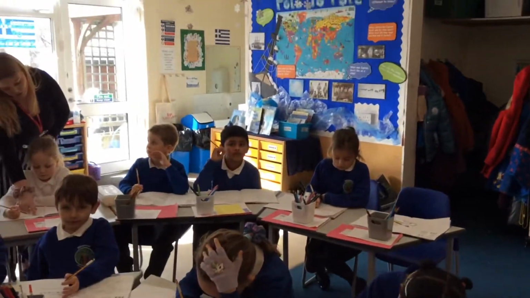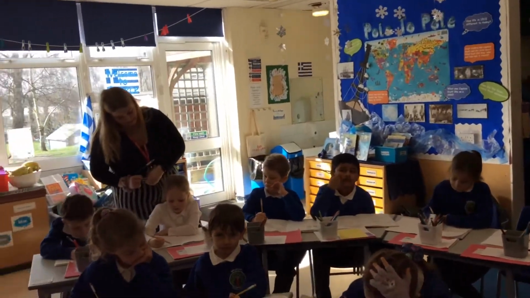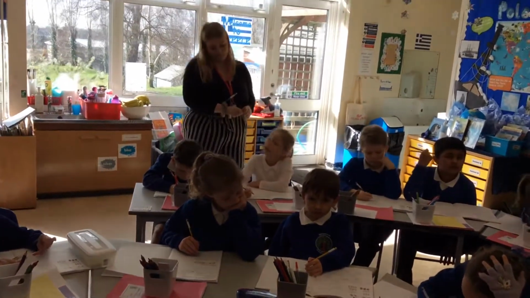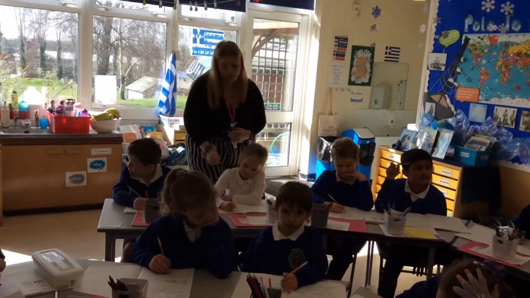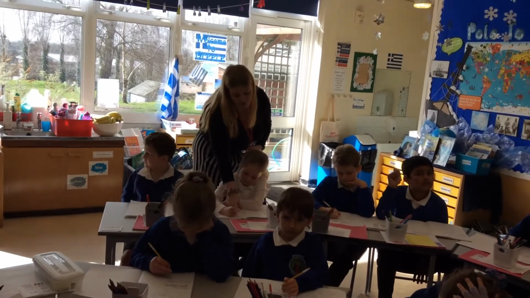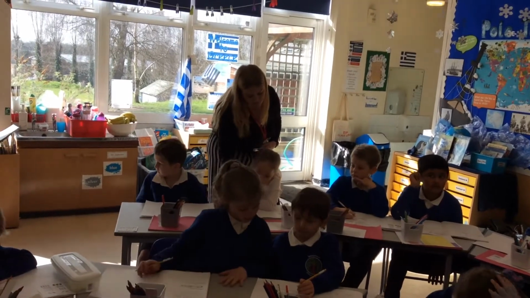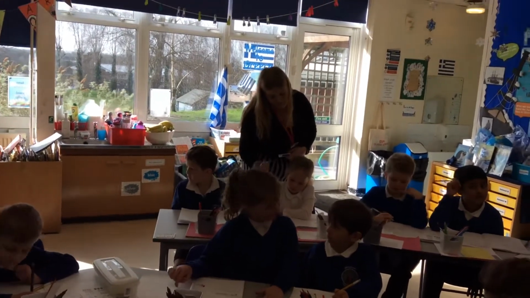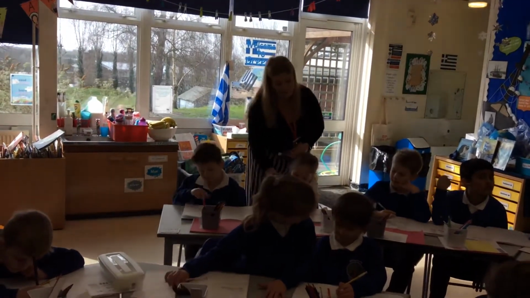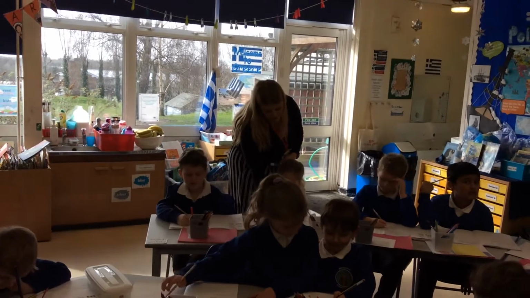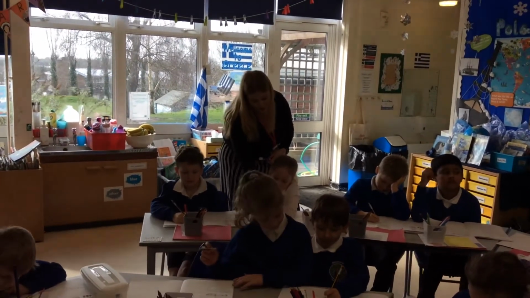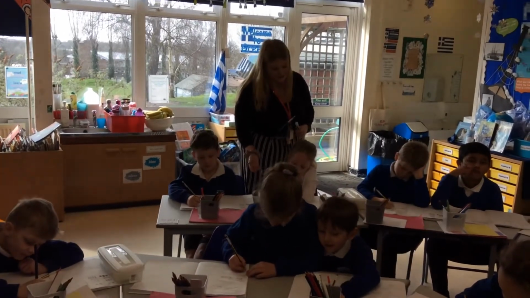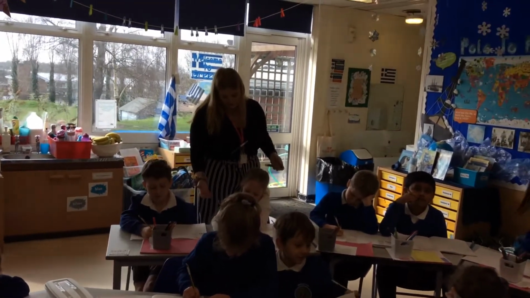Look at that one. What about the circle? It's a circle split into equal quarters. How do you know? What did Miss Thorne say a quarter was? How many equal parts does there need to be for it to be a quarter? Think about what she said about cutting up the cake.